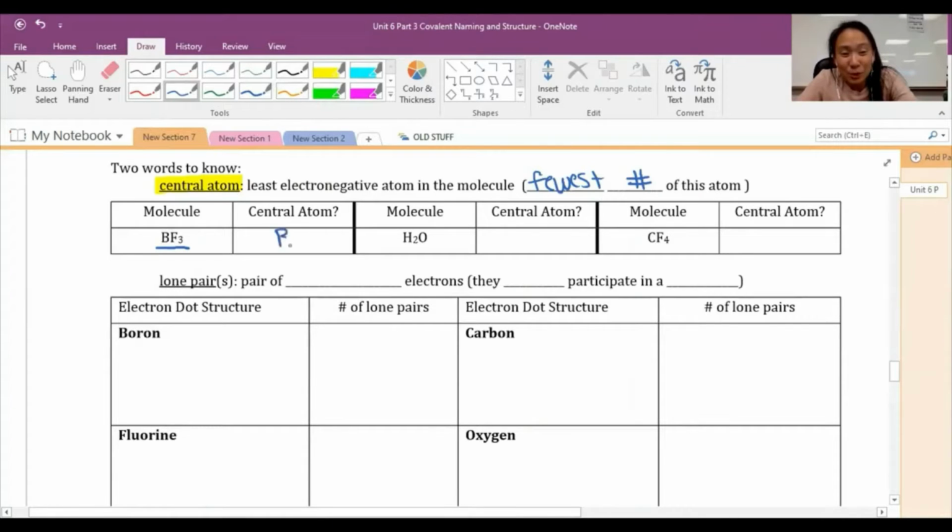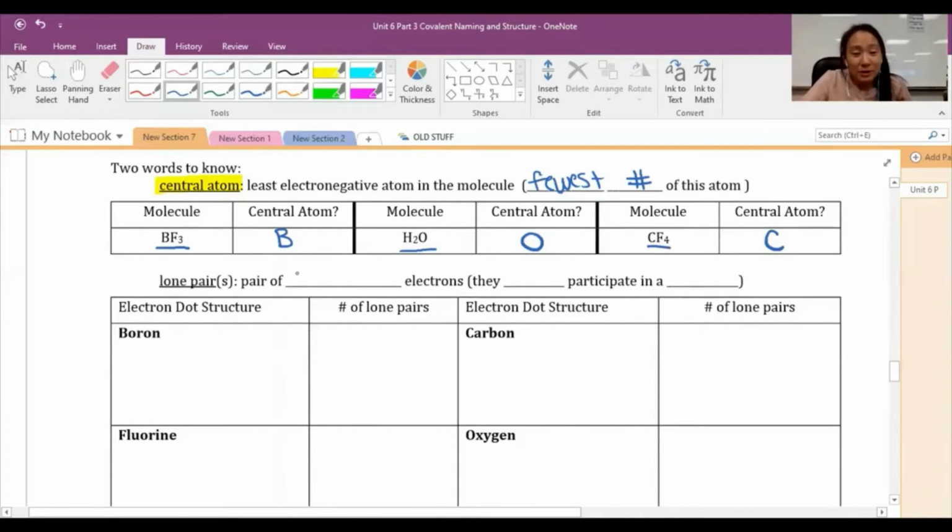B, then that has to go in the middle. Like H2O, there's two hydrogens and one oxygen. That means oxygen has to go in the middle. We call it the central atom. CF4, there's only one carbon, 4 fluorines, so carbon has to go in the center, the middle.